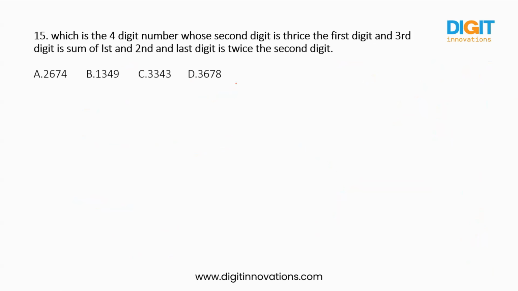Second digit B is thrice the first digit, that means 3 times A. Next one, third digit, that means C is the sum of first and second.